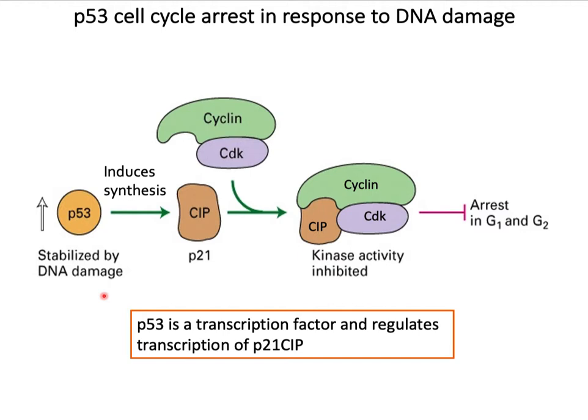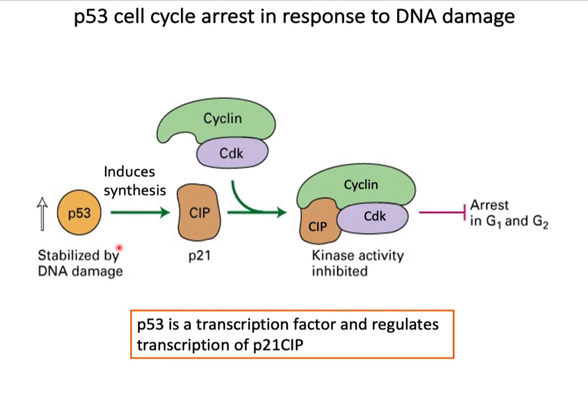So when DNA is damaged or mutagenized, you stabilize the p53. The p53 is a transcription factor that's normally not very stable in the cell, but upon DNA damage, it is stabilized and becomes a potent transcription factor.